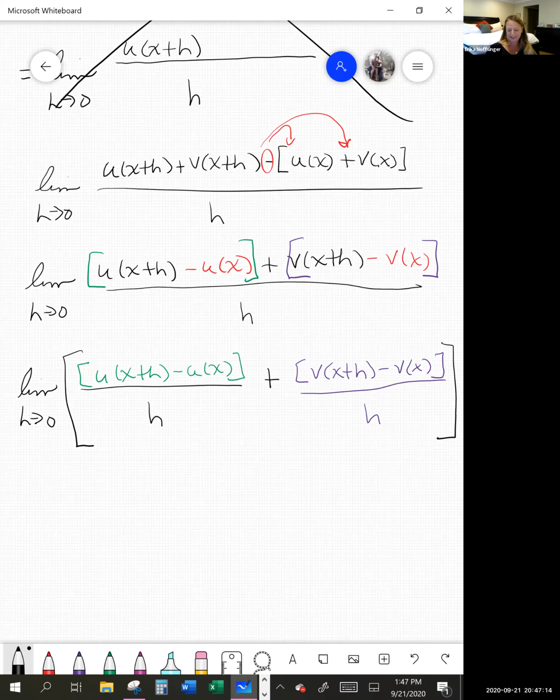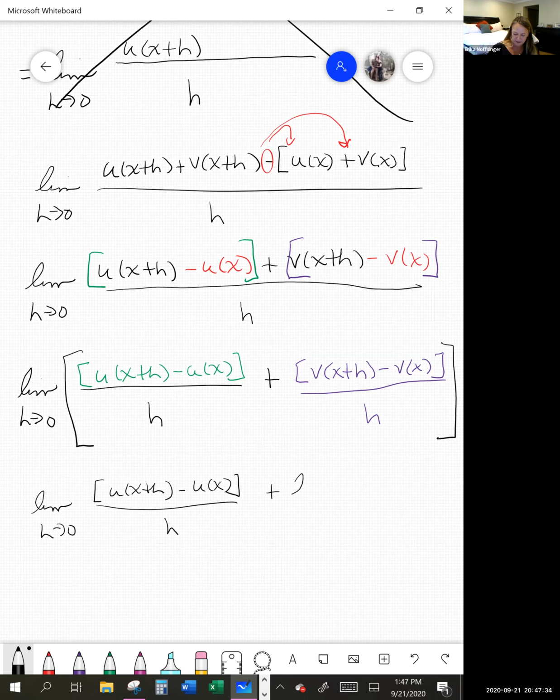I kind of went out of order, sorry. This is where we can take the limit of each piece, and the limit of the first piece we can see is the same thing as the derivative by definition of u of x.